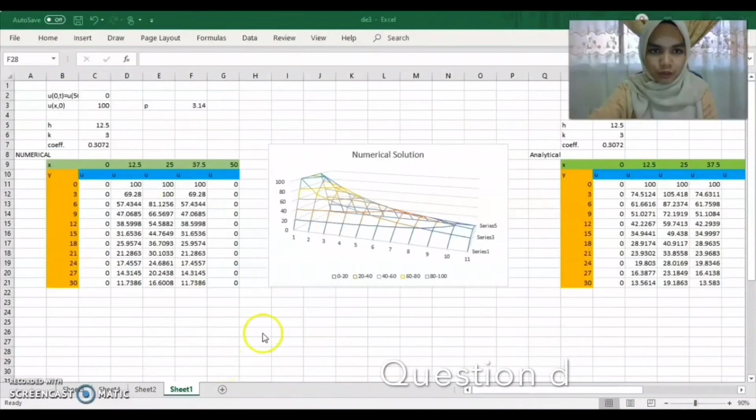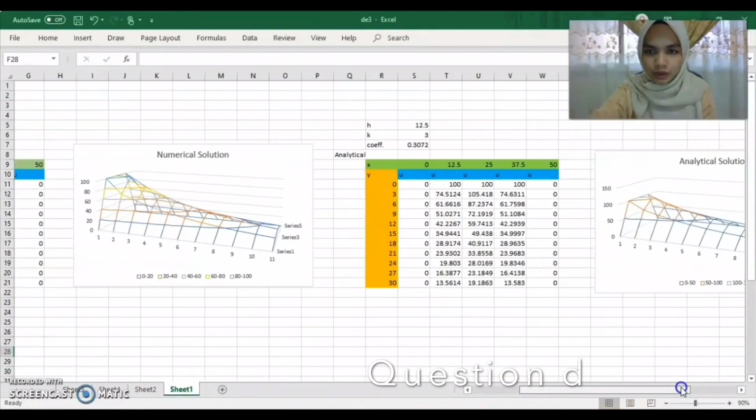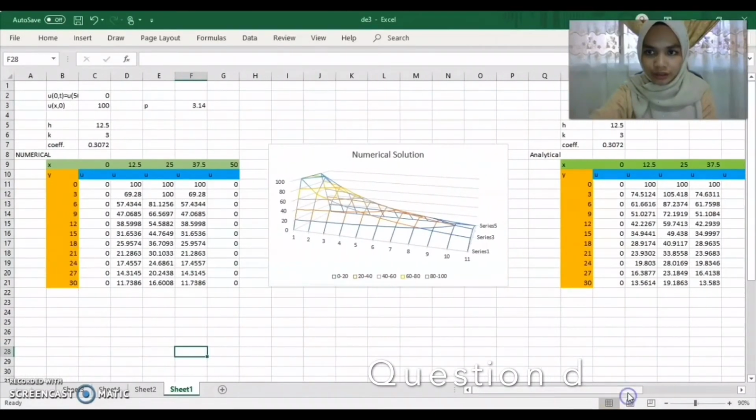As we know, analytical is more accurate than numerical, since we already approximated in the previous question. But we can also make the numerical solution as accurate as the analytical by reducing the step size.